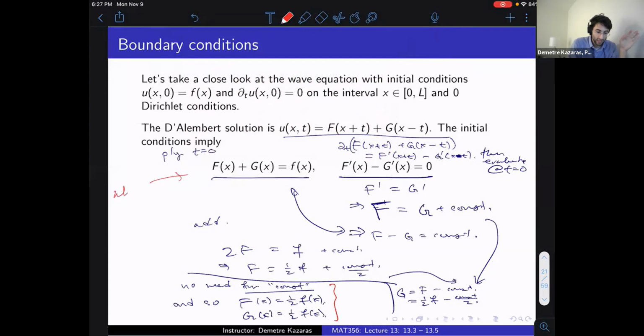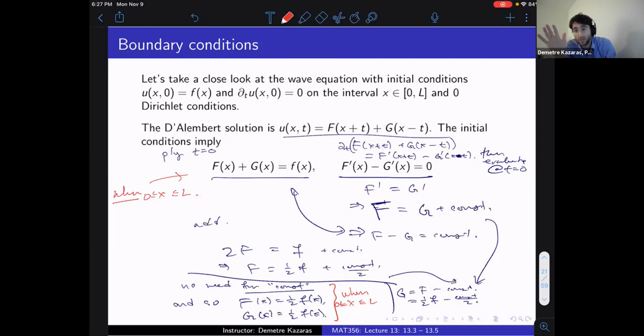This is when x is in between 0 and L. So whenever you plug in a number in between 0 and L into f or g, you will just need to compute 1/2 f of x, if x is in between 0 and L. So okay, that's what we've determined so far. We're only plugging in numbers into f and g in between 0 and L. This is the important and confusing part.